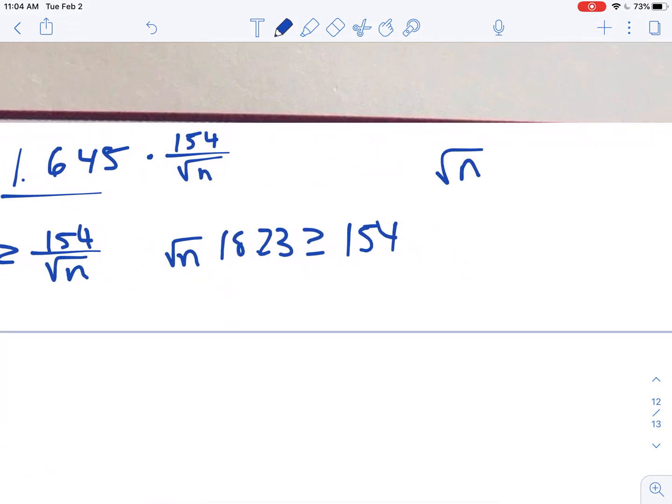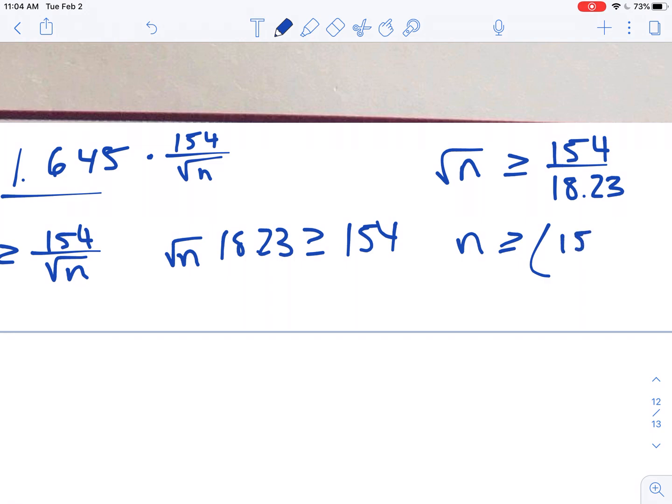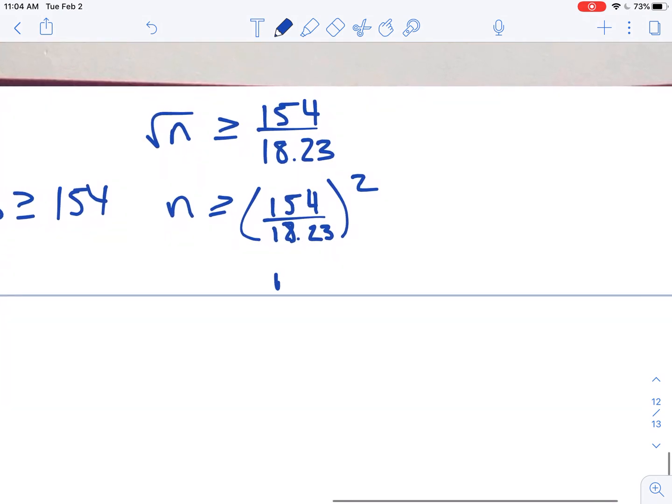Square root of n greater than or equal to 154 divided by 18.23. N is greater than or equal to 154 divided by 18.23, squared. Plug that in on your calculator. And so we know that n has to be greater than or equal to 71.3.